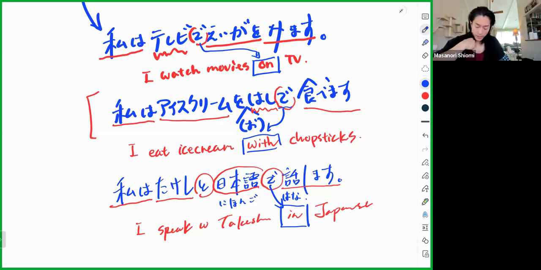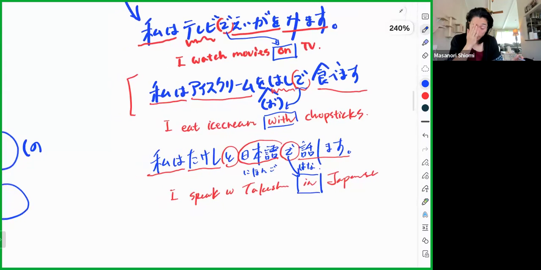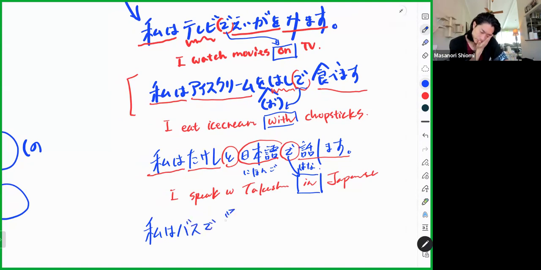So far, does it make sense? I'll just add one more example. 私はバスで学校に行きます。Sorry, my handwriting is just bad.